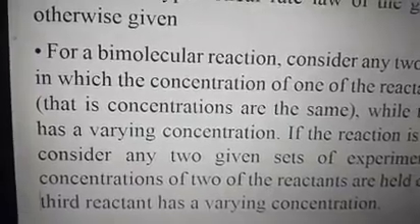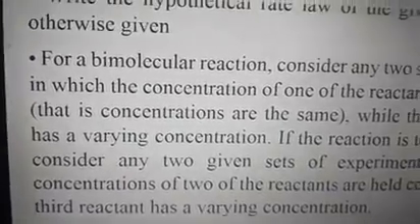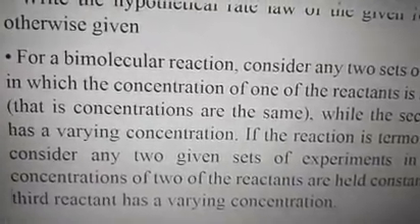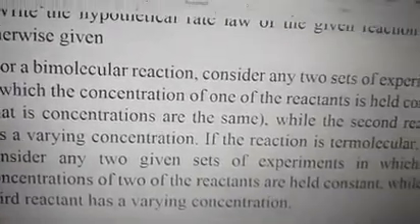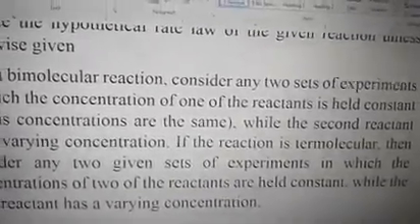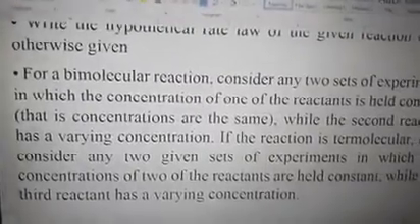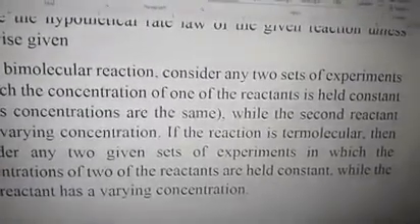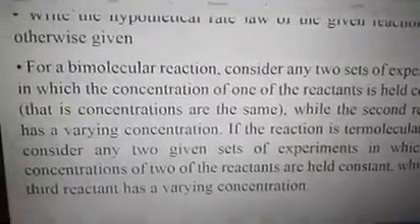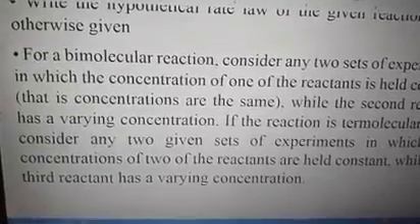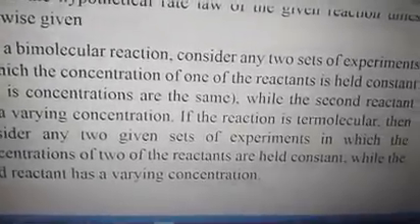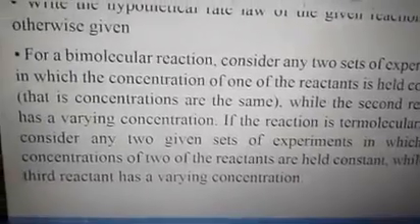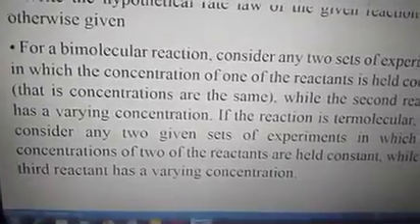So repeat step 2. For a bimolecular reaction, consider any two sets of experiments in which the concentration of one of the reactants is held constant. That is, concentrations are the same, while the second reactant has a varying concentration.